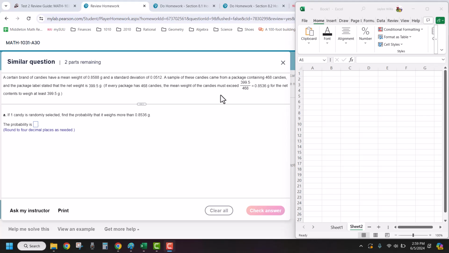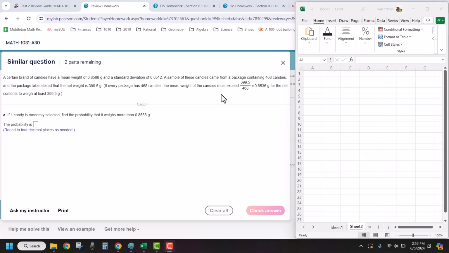So in this question, it says a certain brand of candies have a mean weight of 0.8588 grams and a standard deviation of 0.0512. A sample of these candies came from a package containing 468 candies, and the package label stated that the net weight is 399.5 grams.